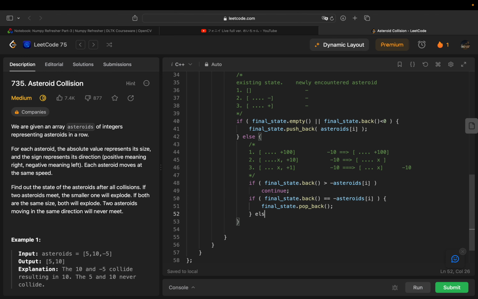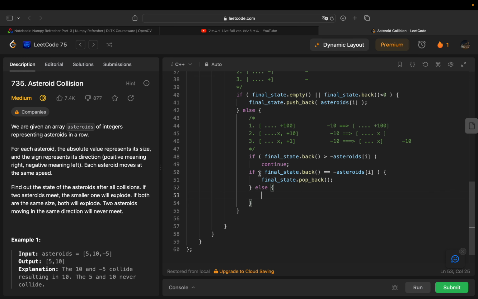The last condition is that if the newly encountered asteroid has a larger mass than the final asteroid, then we are also going to pop the last one out, but we go through the same iteration with the updated state.